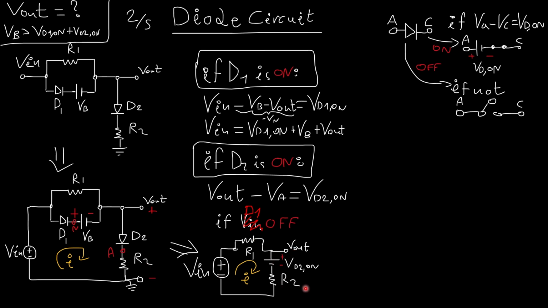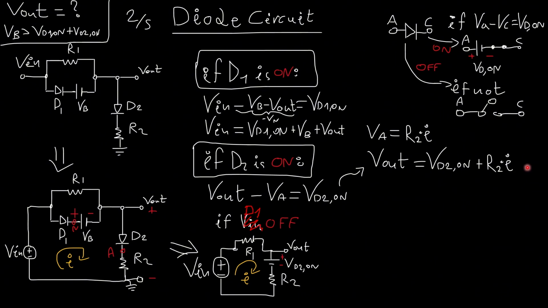Again, just a hypothesis, maybe D1 is on, alright? Let's say what happens if D1 is off and D2 is on. Well, in that case, the voltage here, the resistor and the current would satisfy this relation. Again, this is just Ohm's law. In that case, this equation would give me Vout is equal to Vd2 on plus R2 times I.